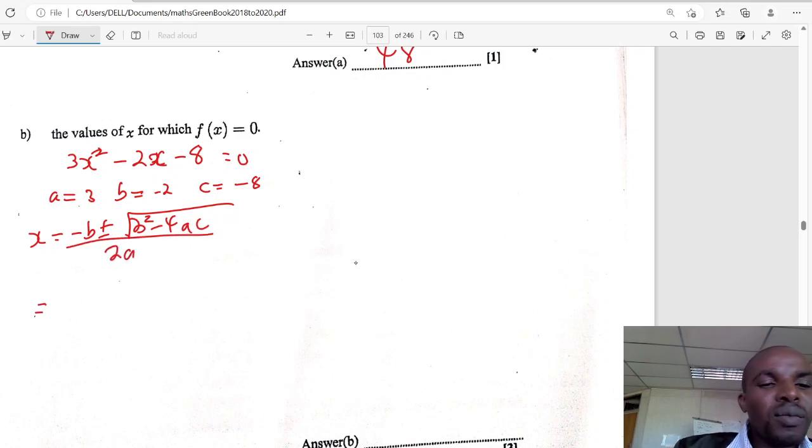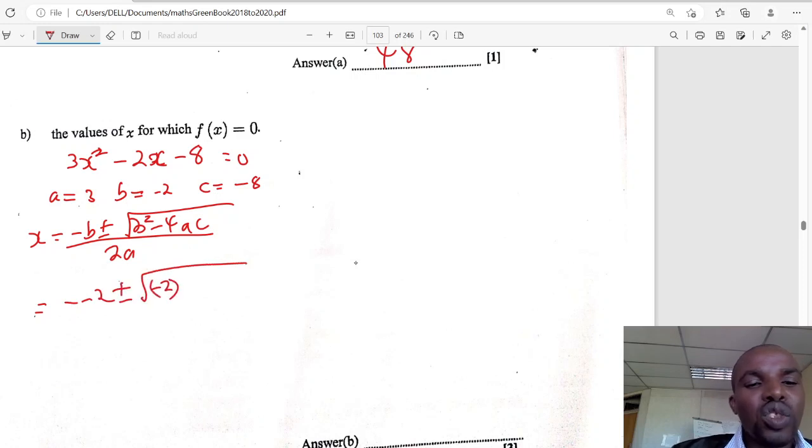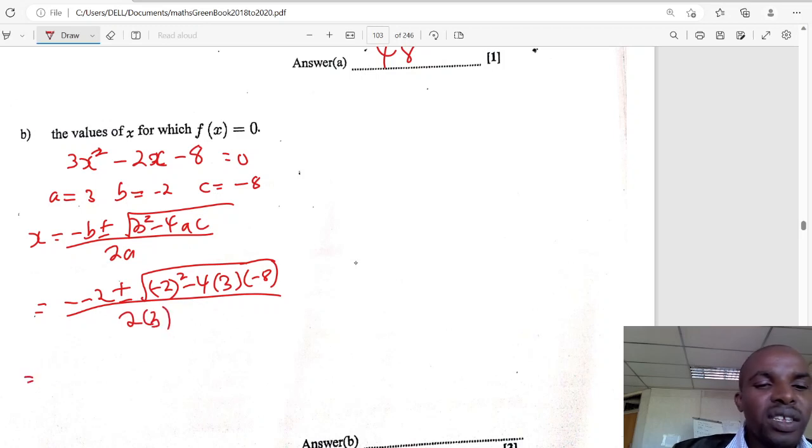Then substitute. So minus b is minus minus 2, plus or minus the square root of b squared, which is minus 2 squared, then minus 4a is 3, then c is minus 8, all over 2a, which is 2 times 3. Now simplify. Minus minus 2 is plus 2, then plus or minus the square root of 2 squared, which is 4.